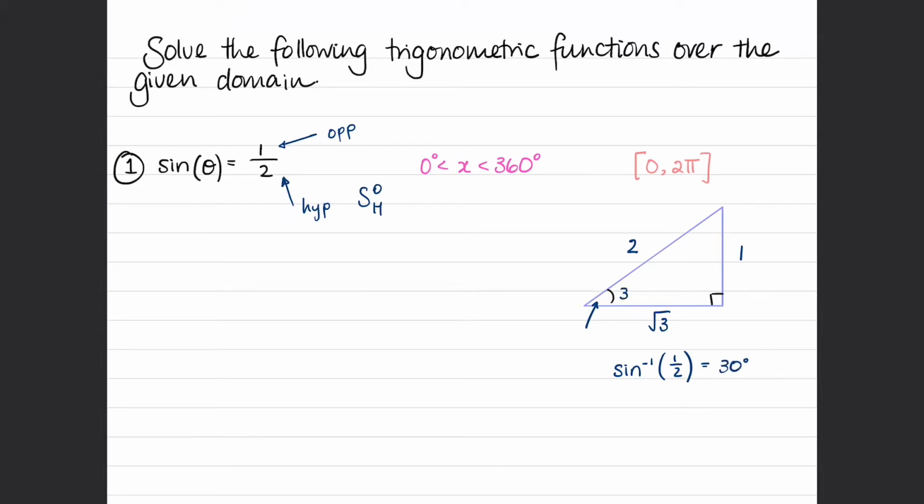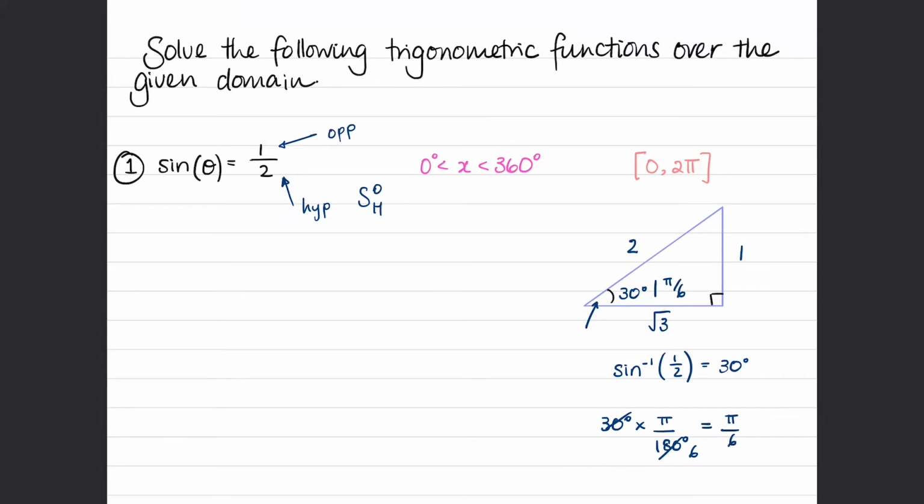That means this angle here is 30 degrees. If I wanted to know what 30 degrees is equivalent to in radians, I'm just going to do 30 degrees times pi divided by 180 degrees. Simplifying that, I get pi on 6. So my reference angle in degrees is 30 degrees, or in radians is pi on 6.